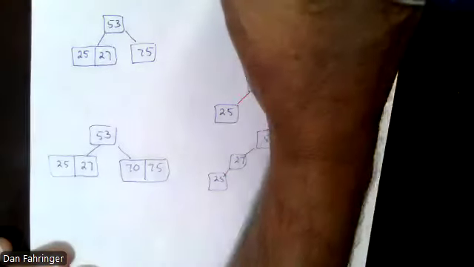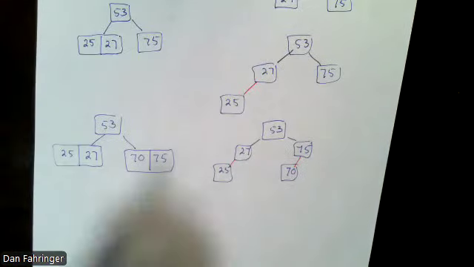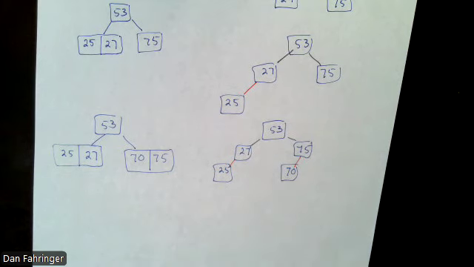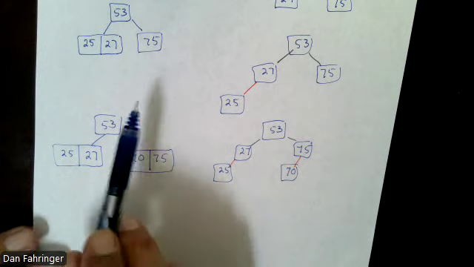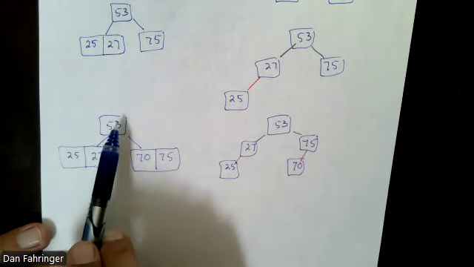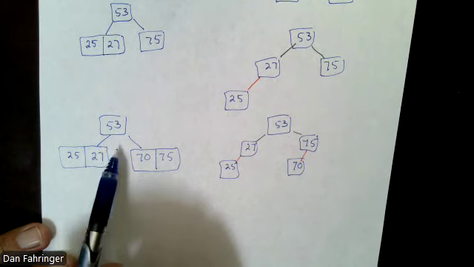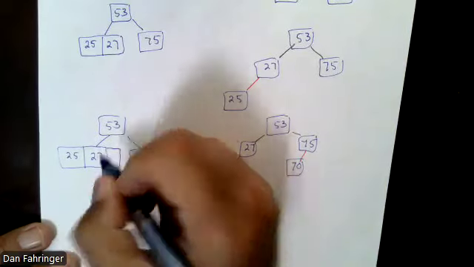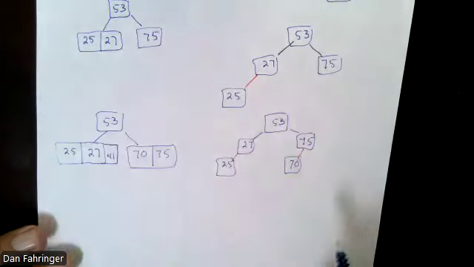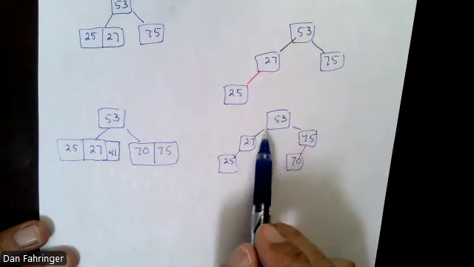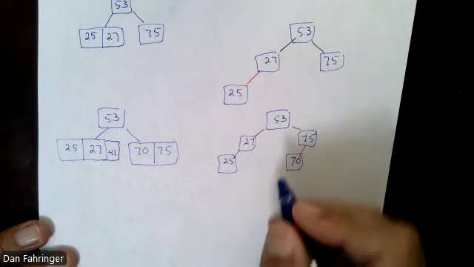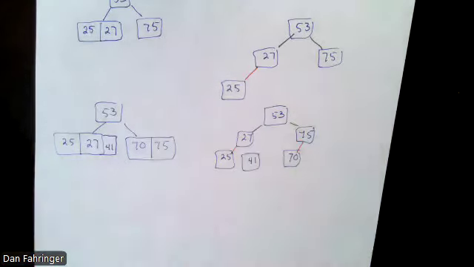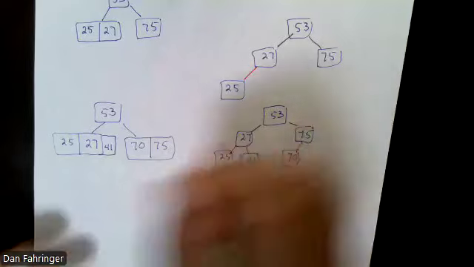Next number is 41. I think we can squeeze 41 onto these two graphs. 41 in this case goes to the left of 53, and it'll fit in this node. 41 is less than 53, greater than 27, which is nice because when I put it in, it's a sibling, and I just added a red.